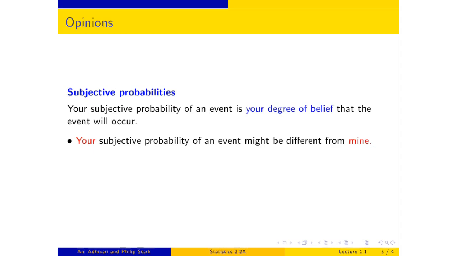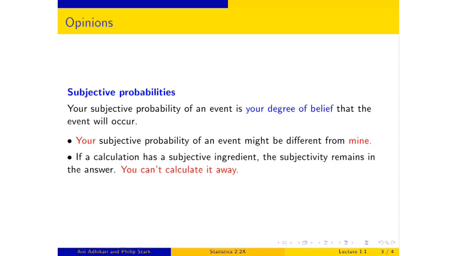It's not easy, but it's clear. The one thing to be aware of is that if in a probability calculation you have any ingredient that is subjective, then your answer is going to be subjective. You can't take a subjective ingredient and then do a lot of fancy calculations and say my answer isn't subjective anymore. It still is. It's fine, as long as you know and acknowledge that that's what's happened.